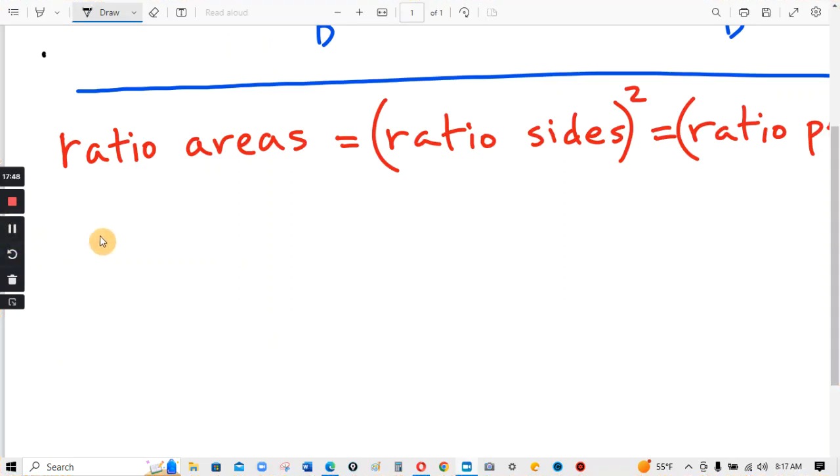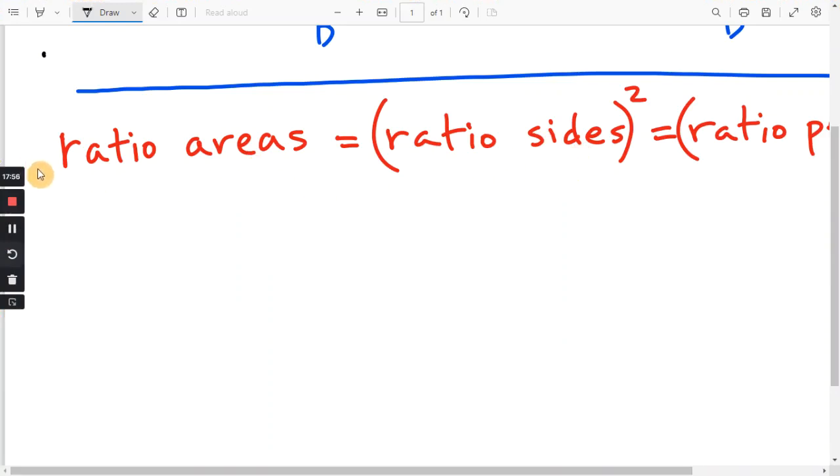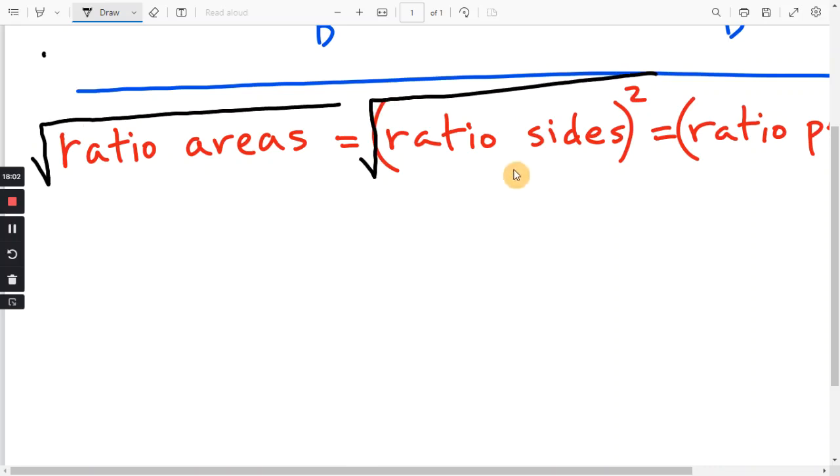So remember in the beginning we said the ratio of the areas equals the ratio of the sides squared. But if we take the square root of both sides, when you take the square root of something squared, that's just the original number. So the square root of the ratio of the sides squared is just going to equal the ratio of the sides.